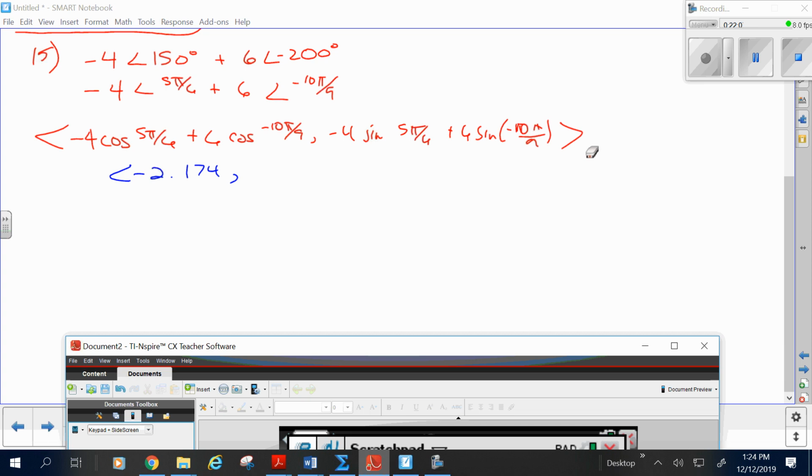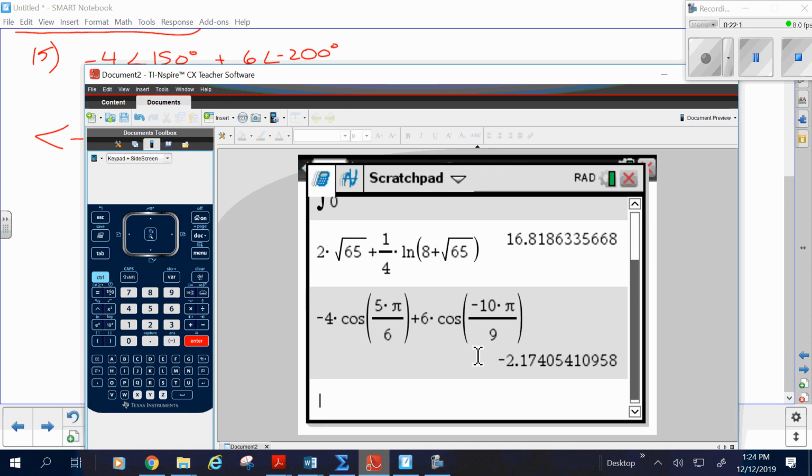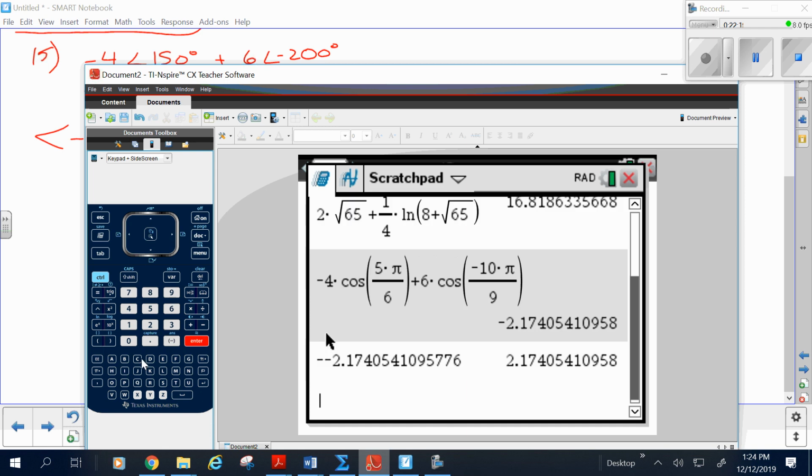So I'm going to take the opposite of that and store that to I hat. I don't like that to be negative because it screws up the inverse tangent calculation.